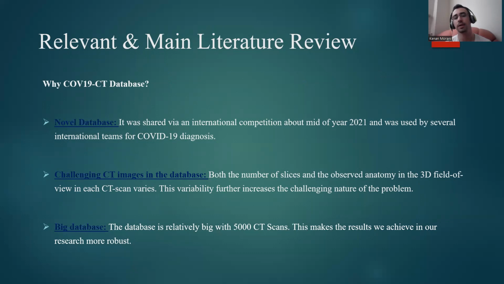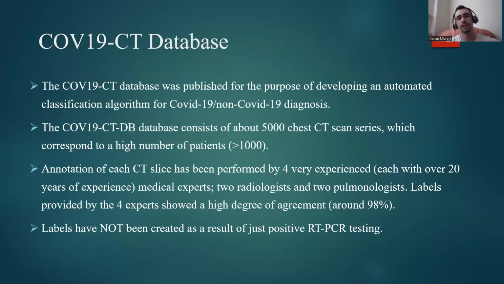The results that we find are more robust to variations, and since you are building your model on a big data set, you are kind of guaranteeing good results, or we hope. So these are the 3 main reasons why we chose the COV19 CT database for our research.